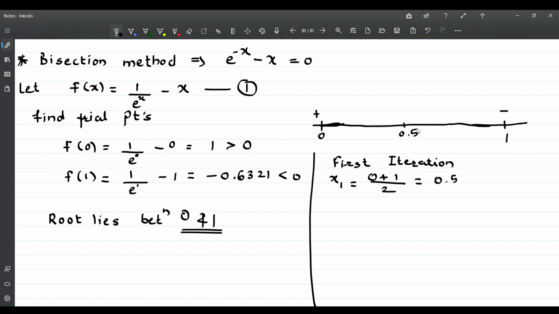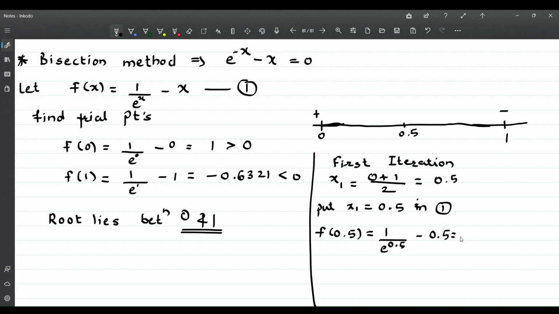But we have to check whether the answer of this is negative or positive. So what do we have to do here? Put x1 is equal to 0.5 in equation 1. Then f of 0.5 is equal to 1 upon e raised to 0.5 minus 0.5. In the calculator, you can solve it.